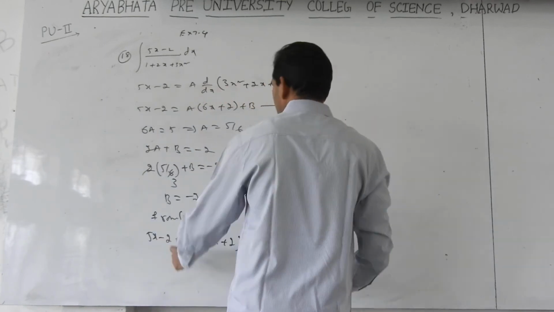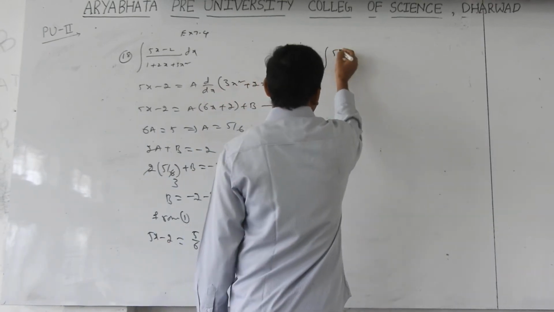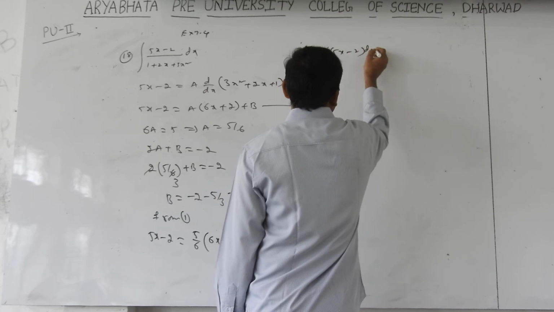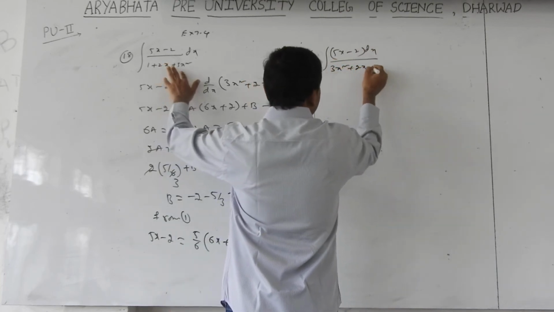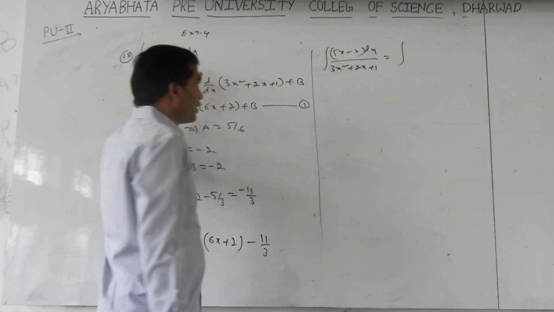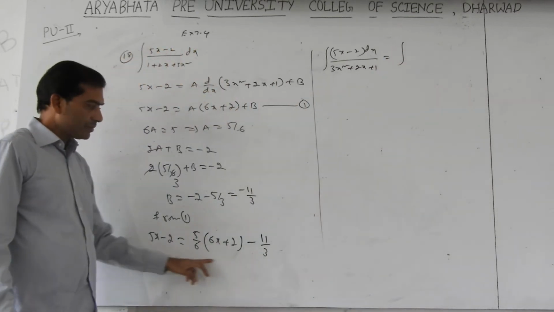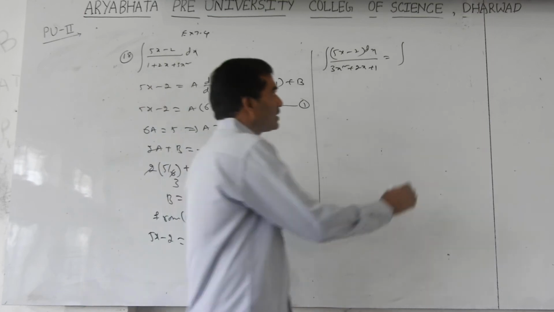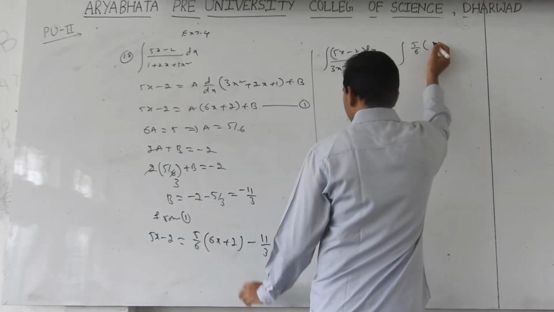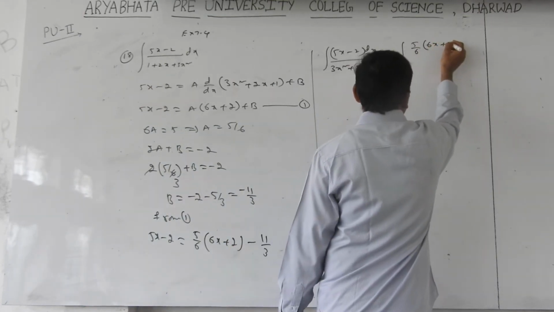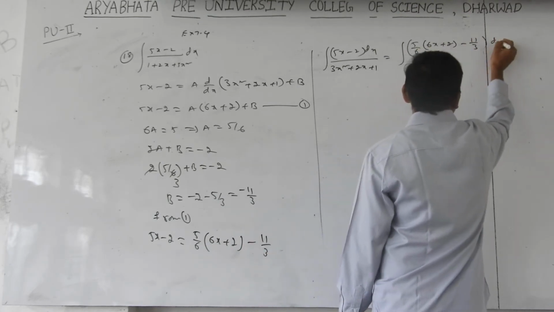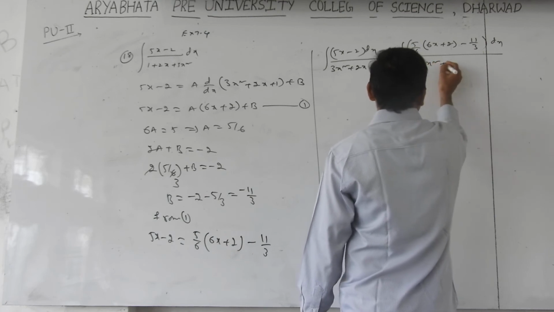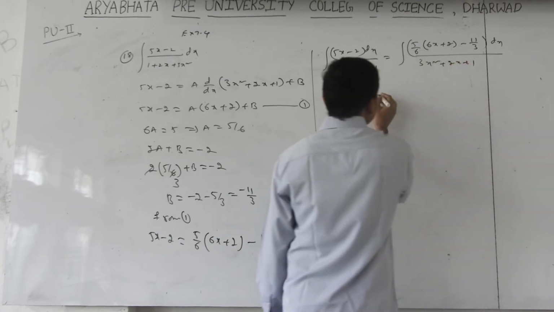The numerator is replaced by this. Integration of 5x minus 2 dx by 3x square plus 2x plus 1 equals 5 by 6 into 6x plus 2, minus 11 by 3, into dx by 3x square plus 2x plus 1.